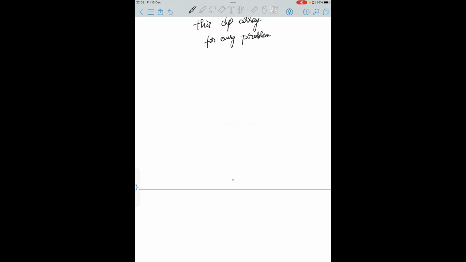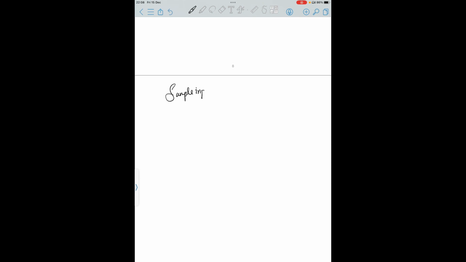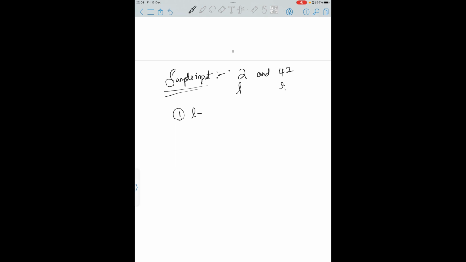Until now, we have seen numbers like 0, 1, 10 squared, 10 cubed, and so on, which are powers of 10. Let's see how these help. Let's take a sample input, 2 and 47, L and R. First thing we need to do is decrement L. That is 2 minus 1 equals 1.